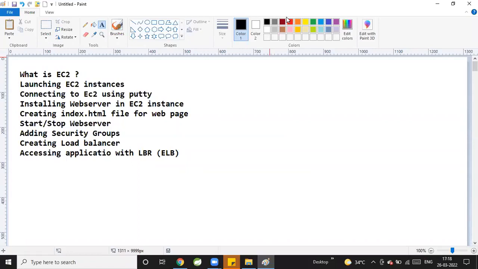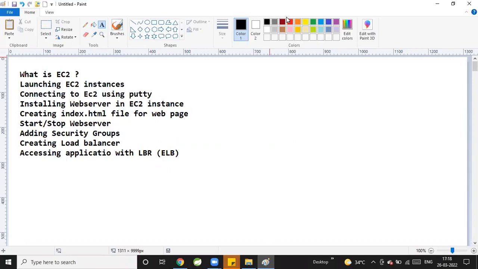We are going to create multiple instances. That means instead of running our application in one instance, we are going to run our application in multiple instances. If my application is running in multiple instances, am I going to give multiple URLs to the people to access our application, or do we need to configure these multiple instances to one load balancer? We need to configure these instances to one load balancer.